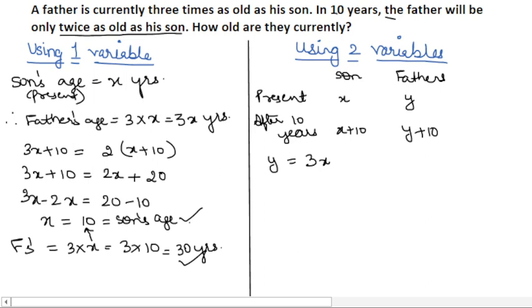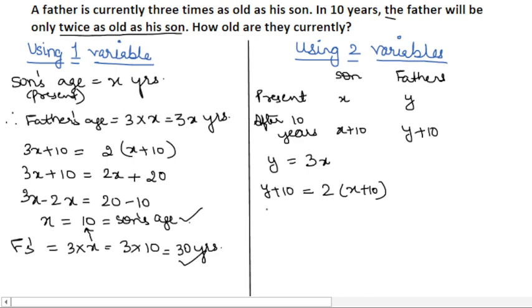The second equation says in 10 years the father will be twice as old as his son. I start with the father, who is y plus 10, and this is twice the son's age, x plus 10. So I have two separate equations, one for the current ages and the other for their ages after 10 years.